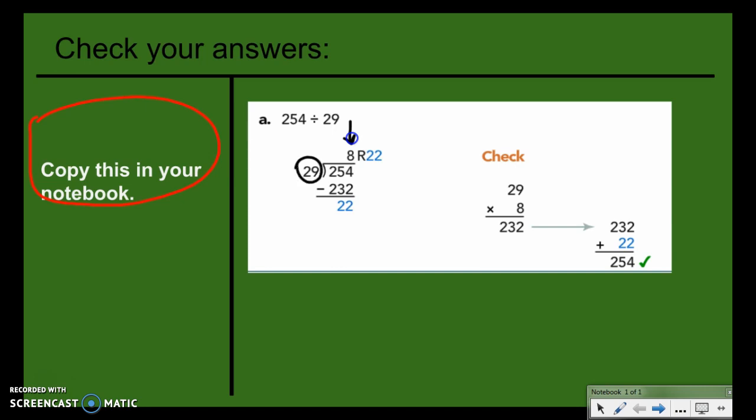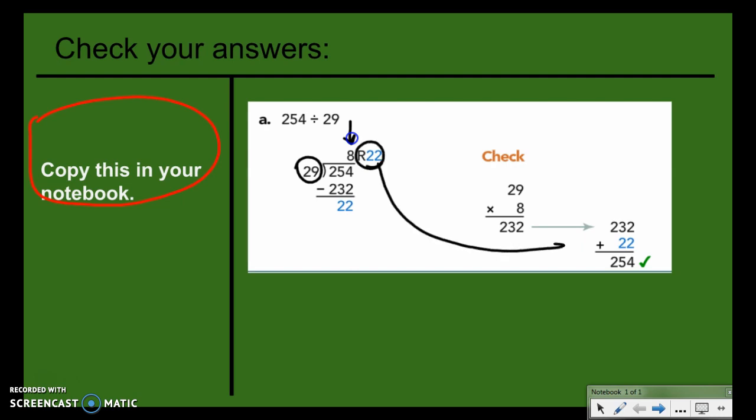You multiply to figure out if you solved correctly. So 8 times 9 is 72, carry 7. 8 times 2 is 16. Add your 7, it's 23. Okay? But you don't want to stop there because that's not going to give you the right answer. Don't forget your remainder of 22.